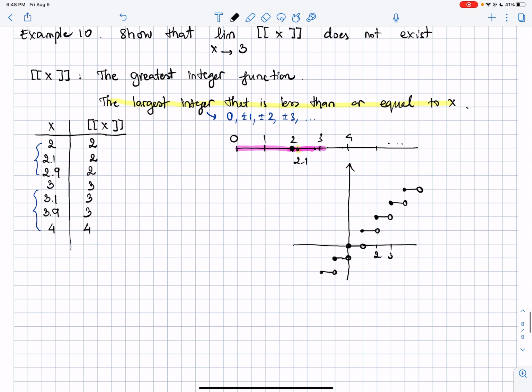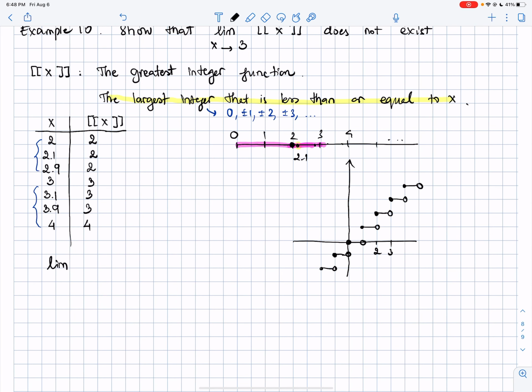Now we need to calculate the limit of that function as x approaches 3 from the right side, and the limit as x approaches 3 from the left-hand side. So this is 3 minus and 3 plus.